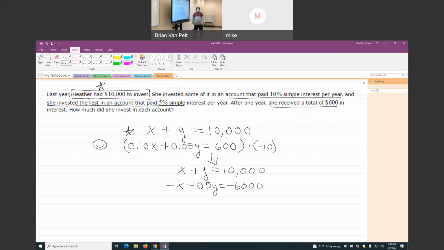See what I did? I noticed that if I multiply the first equation by 10, it'll be X also. I just happen to notice that if I multiply 0.1 by 10, I get 1. So I use that to wipe out my X's.